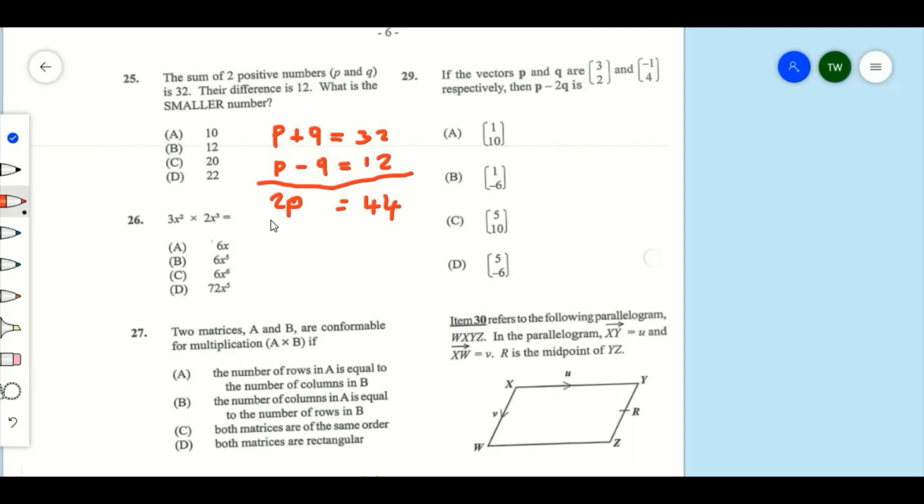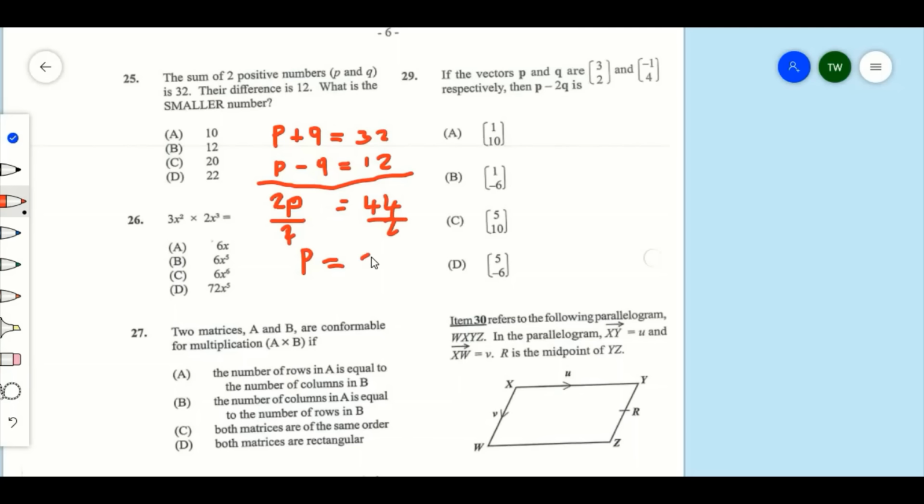We're going to divide both sides by 2 to find what P is. So clearly here, notice that 2 is going to cancel out 2. So P is going to equal 44 divided by 2.